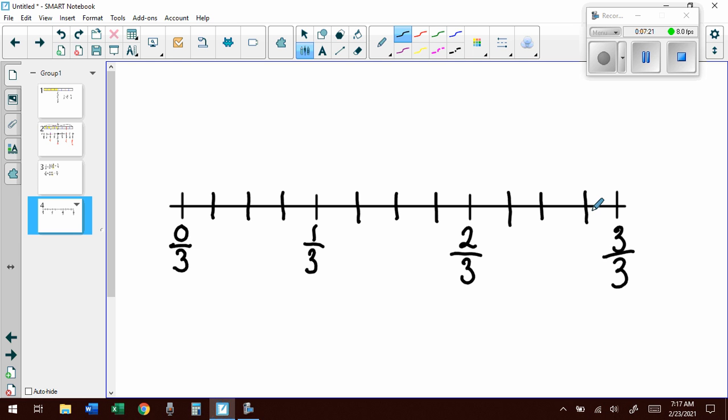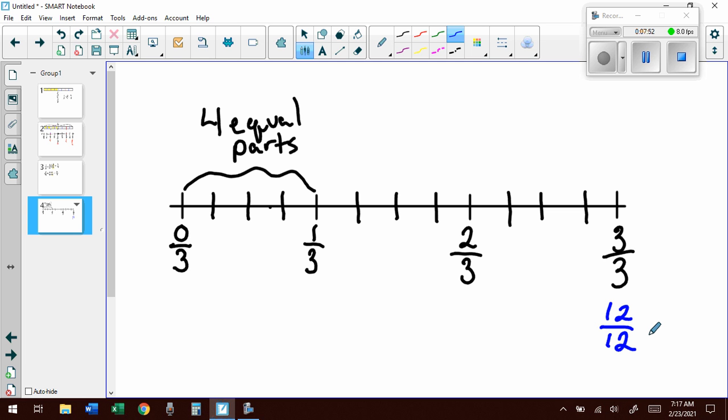If I partition each third into 4 equal parts, that would mean that I have how many total in one whole? 1, 2, 3, 4, 5, 6, 7, 8, 9, 10, 11, 12. So 3/3 would be 12 twelfths, and 0/3 would be 0 twelfths.